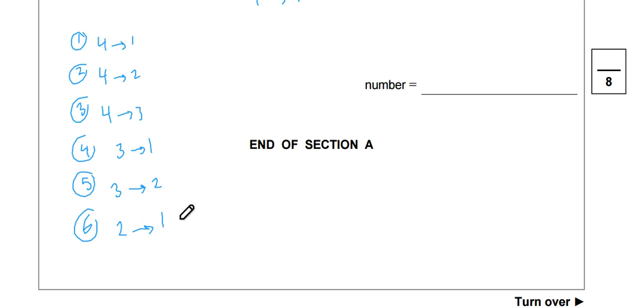Okay. Note that all these possible transitions are from higher to lower. There is no reverse direction, no lower to higher, and there is no repetition.